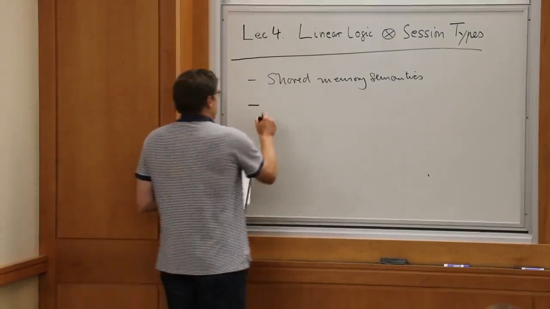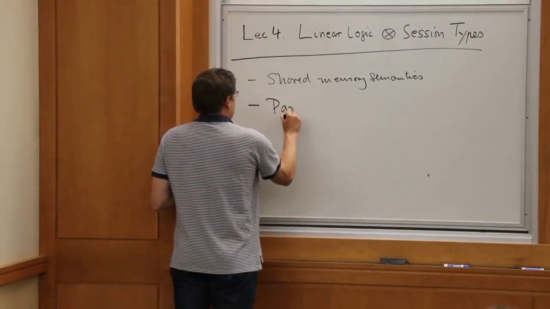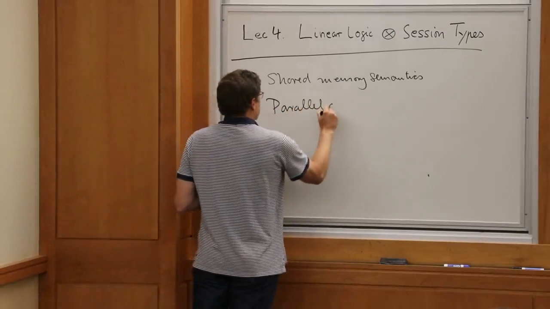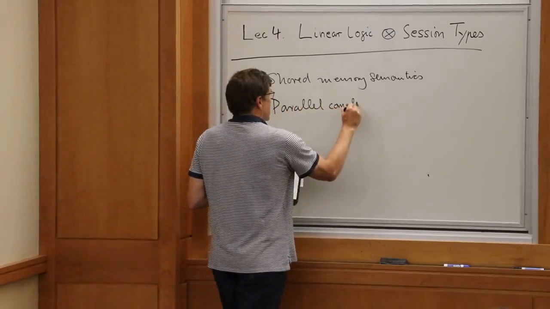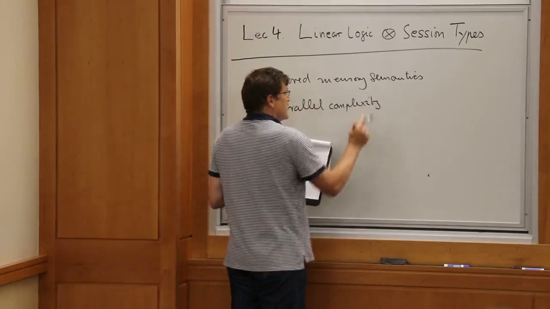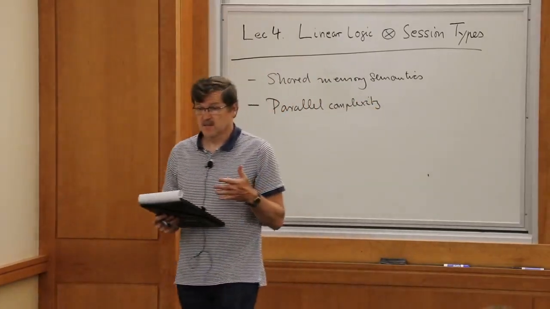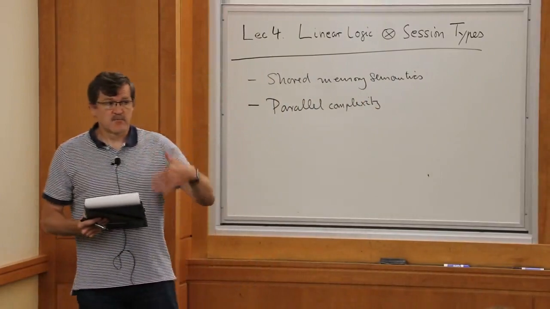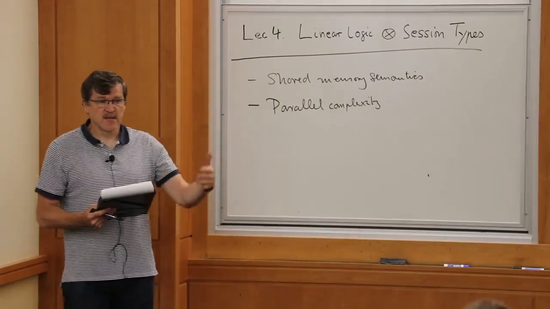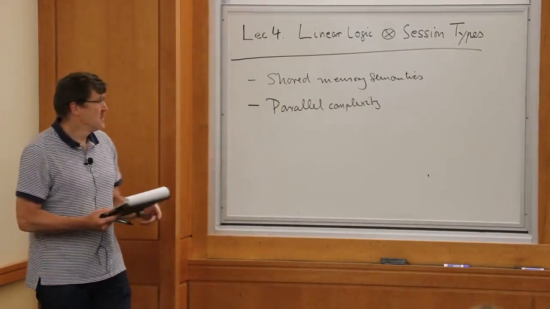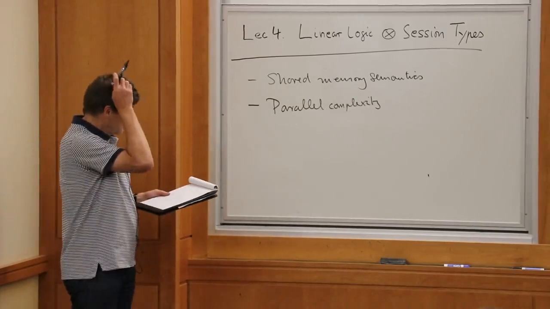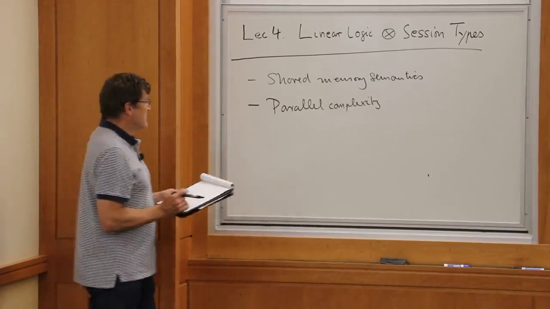Then we have a way to analyze parallel complexity of programs. For example, we can analyze the fact that this queue is quite efficient as far as parallel complexity is concerned, because we can process requests with only a delay of 2 units of time between 2 consecutive requests. So it's very good parallel-wise.